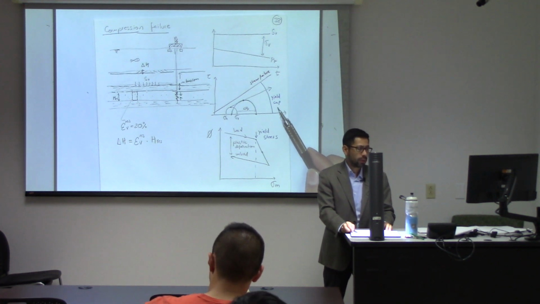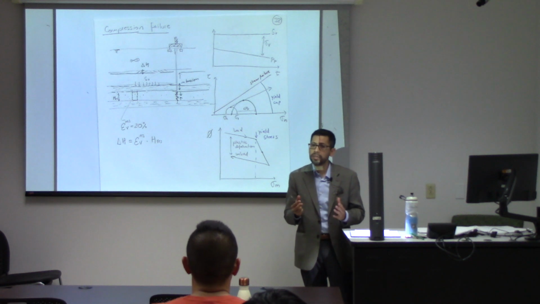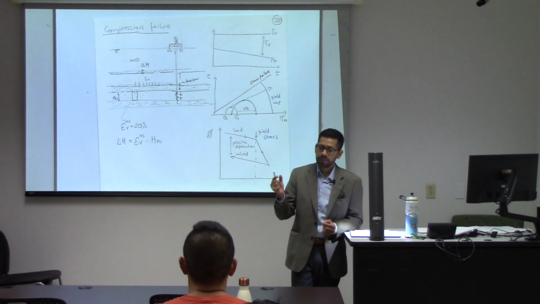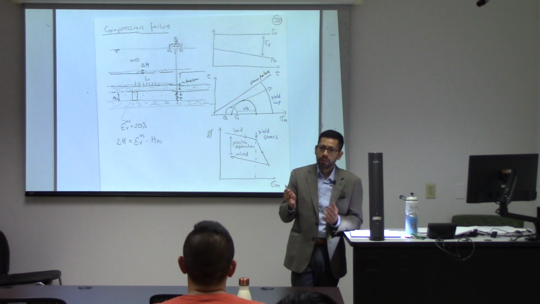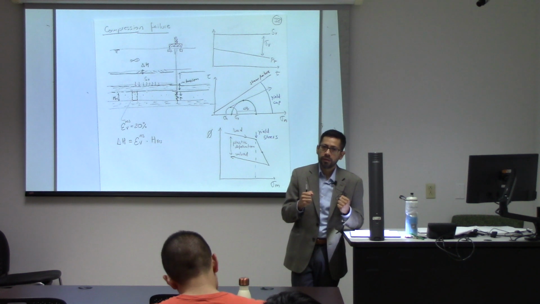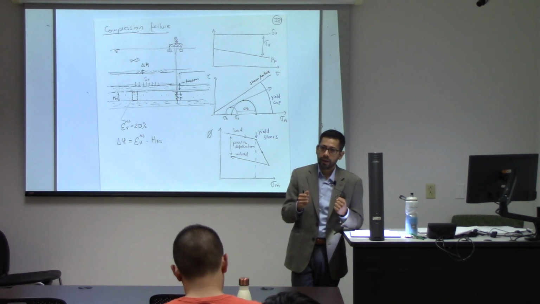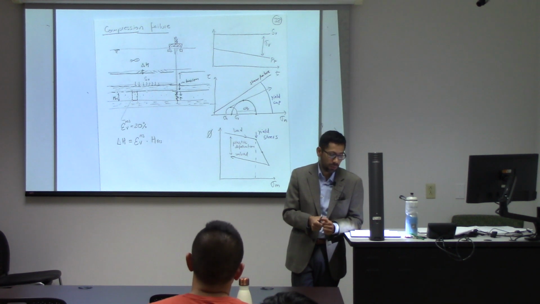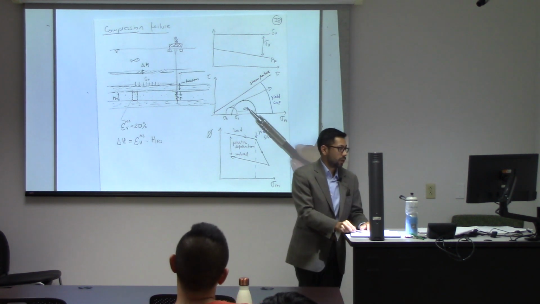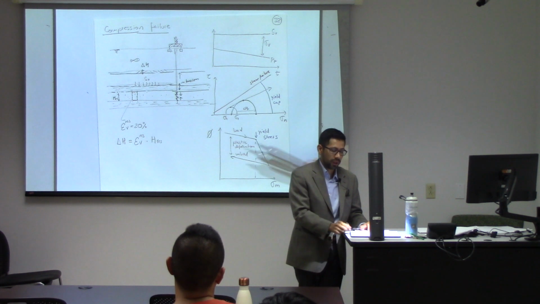This is the point at which you compress the rock so much that you may not have well-defined fractures, but your rock just fails internally. Some of the grains break, and the rock deforms quite a bit more than it would with shear or with tension.